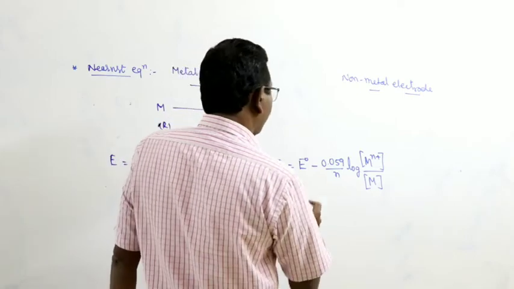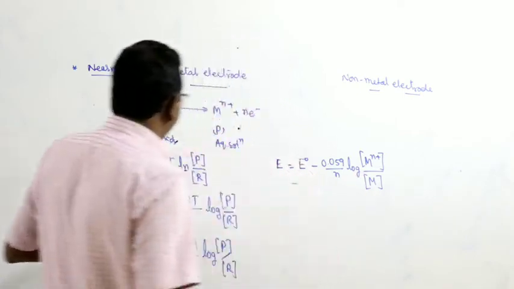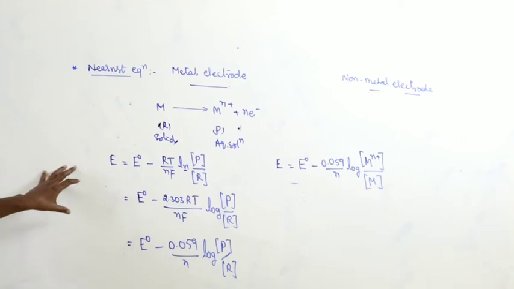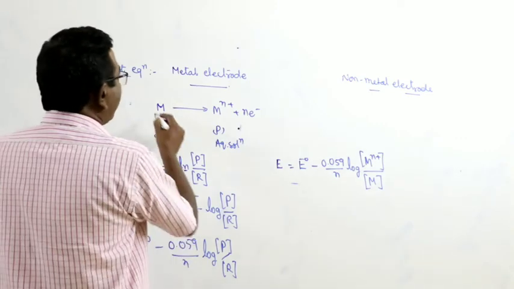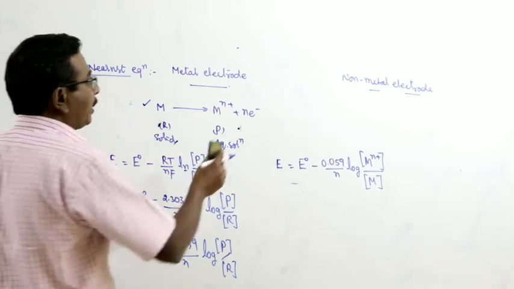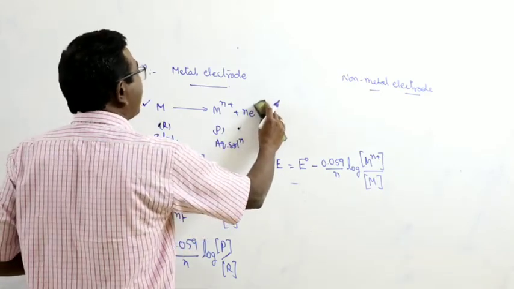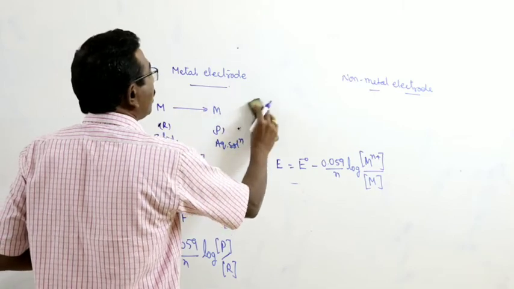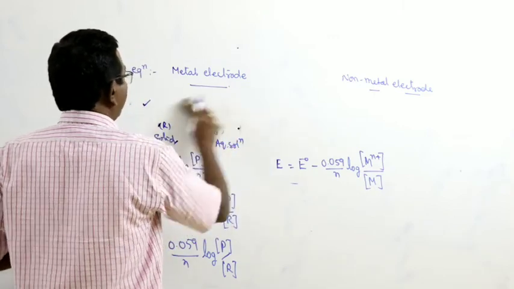Here I am representing the oxidation potential. For the same thing we can write the reduction potential also. How?